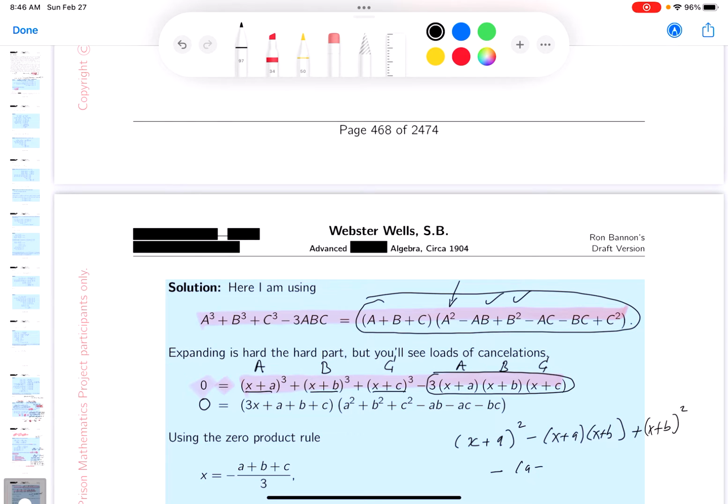Whoops, made a mistake. Did this, B times C. It's nasty work though, isn't it? And then what do you get? I just did the AC, BC, C squared. What do you get over there?